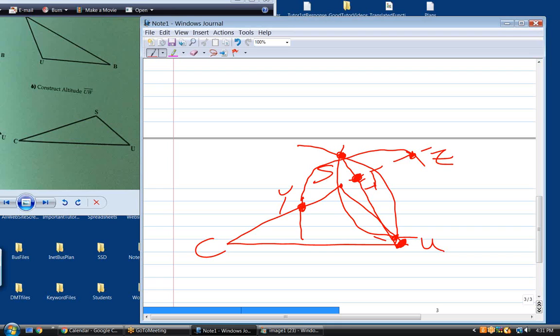You can get the instructions on how to do that in chapter 5.1, page 264 in my book. It shows you exactly how to draw a perpendicular line through a point, and it automatically will bisect that line segment. Okay?